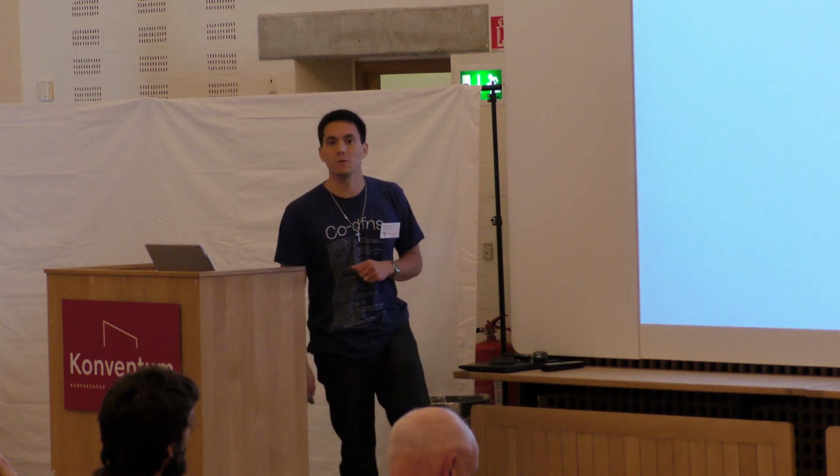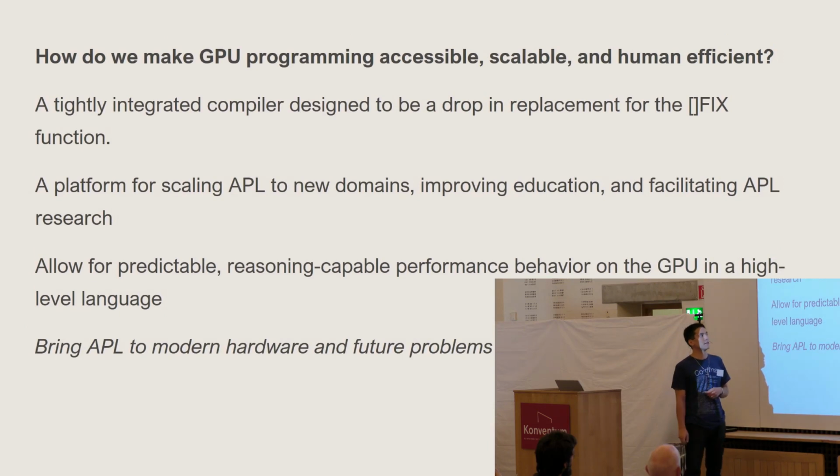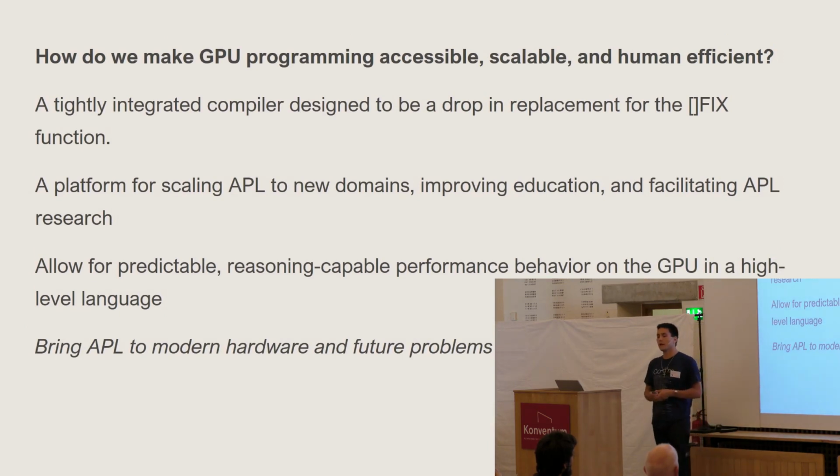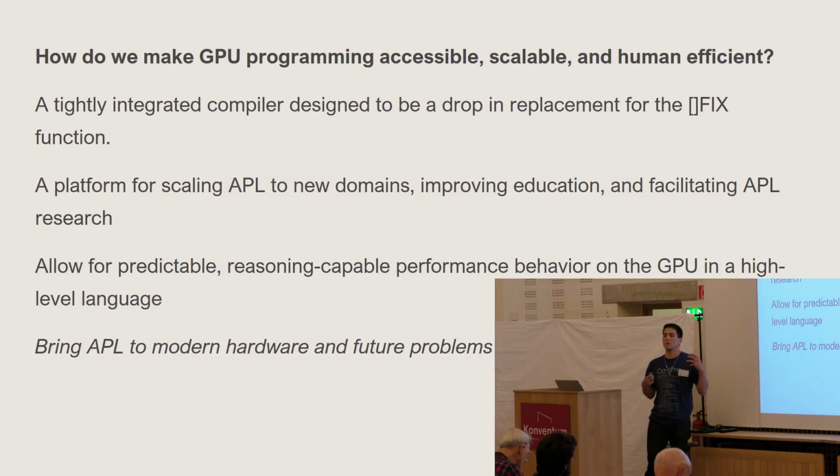So for those who don't know, what is Co-dfns? Basically, what we're trying to do with Co-dfns is create a tightly integrated compiler that is essentially a drop-in replacement for the Codfns function in Dyalog APL, and make that a platform for you to scale APL applications into new domains.